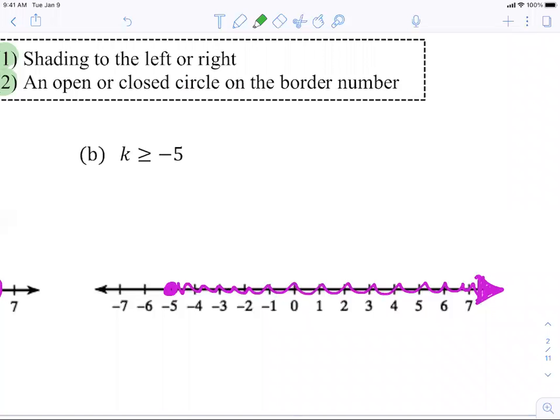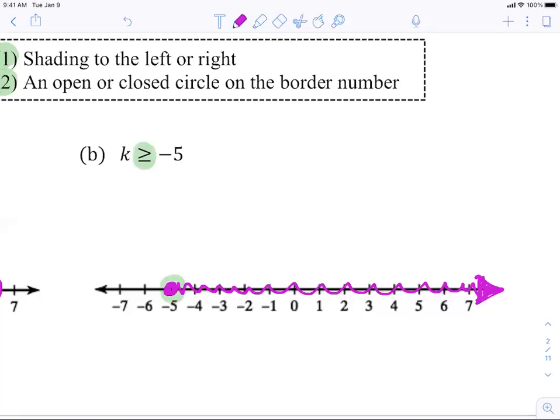All right, this is what you should have had. Your border number should have been at -5 right here. And because it's a greater than or equal to symbol, the equal to lets me know that the type of circle that we have is going to be this closed circle. So I'm going to have a filled in circle at -5. And because I'm greater than -5, I'm shading the direction that includes all the numbers that are greater than or equal to -5.